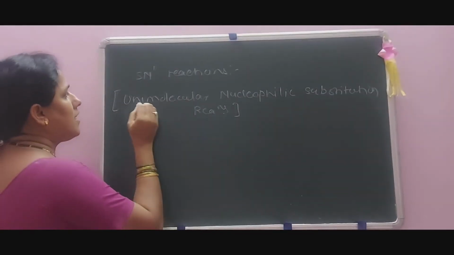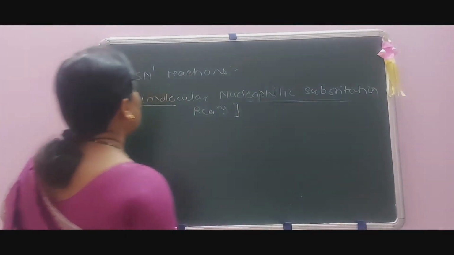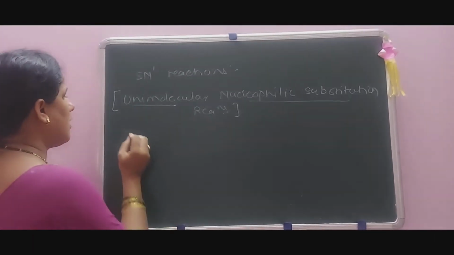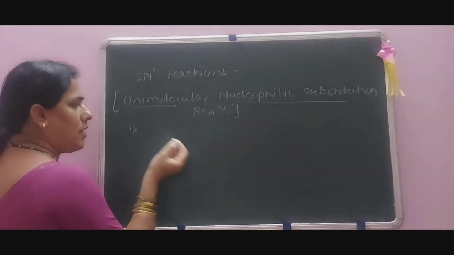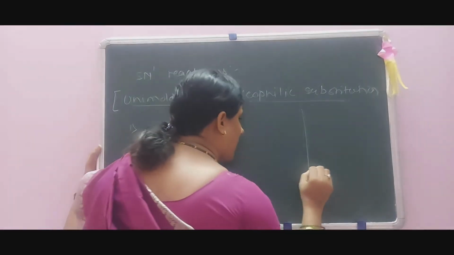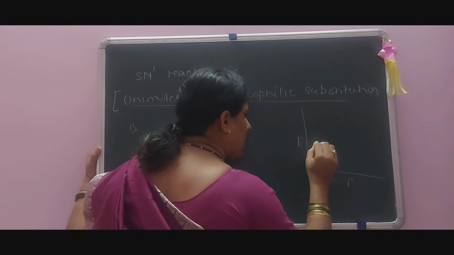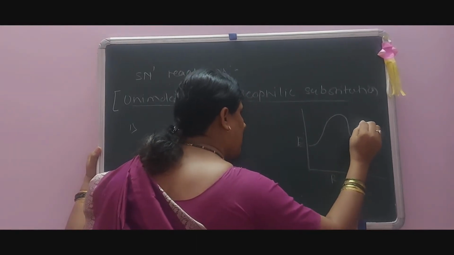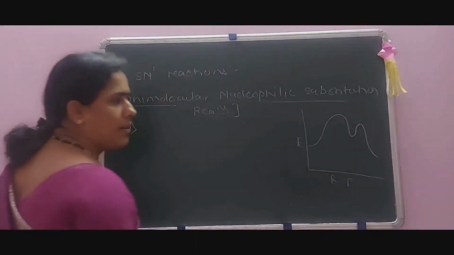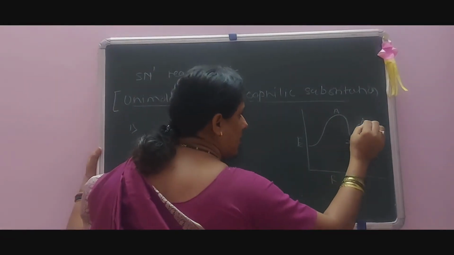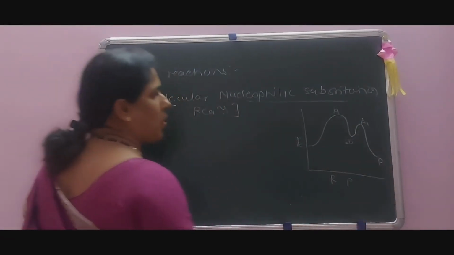As far as this SN1 reaction, the unimolecular nucleophilic substitution reaction, first consider its graphical representation, that is energy versus reaction progress. This is the path, this is the activated complex, this is the intermediate, this is the activation state 2, and here the products are.